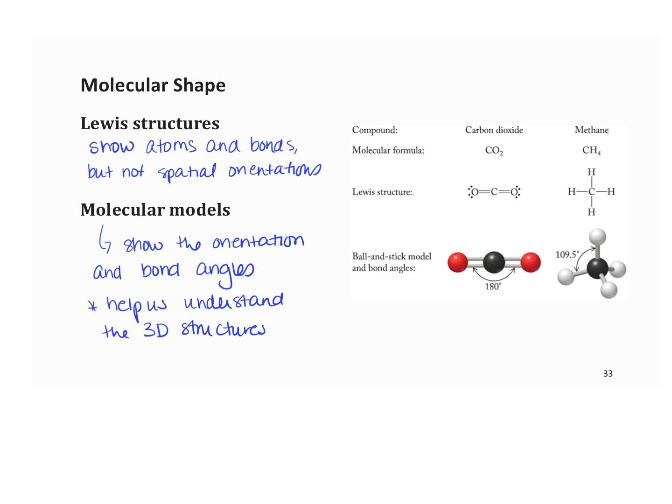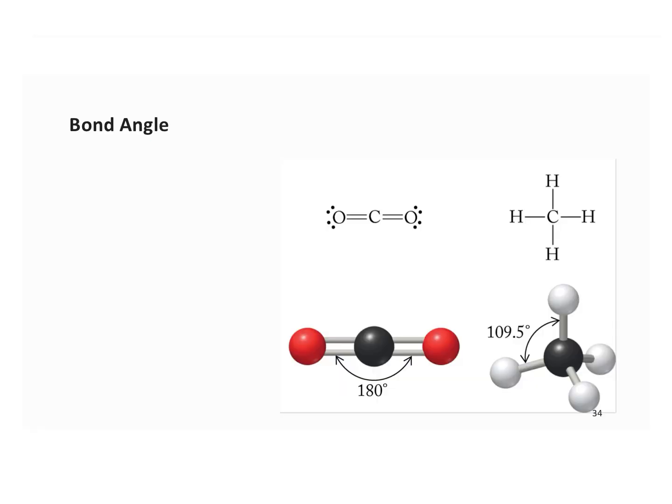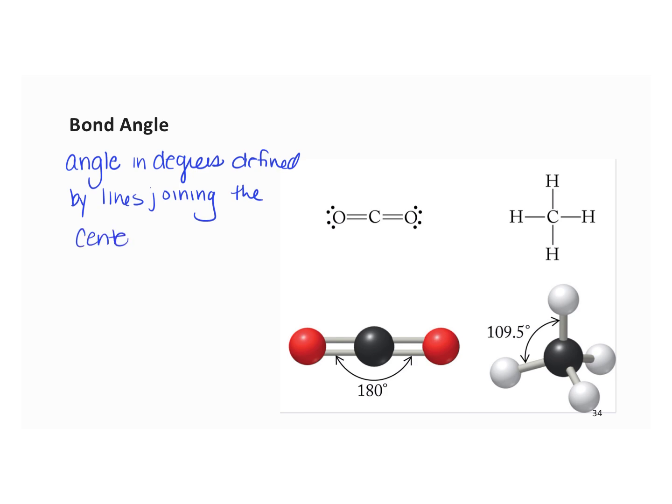Now, I've used this word bond angle, and I've talked about these angles here. And so I want us to talk a little bit more about that. When we refer to the bond angle, this is just the angle in degrees defined by the lines joining the center of 2 atoms, okay?